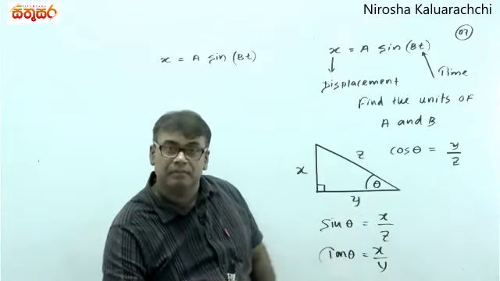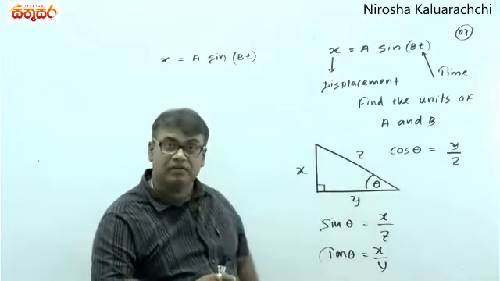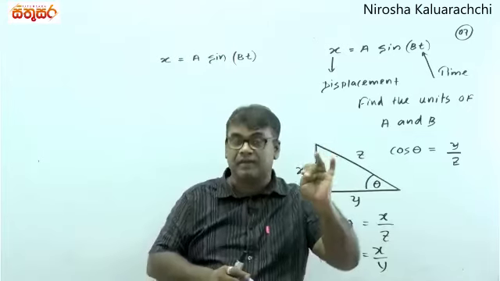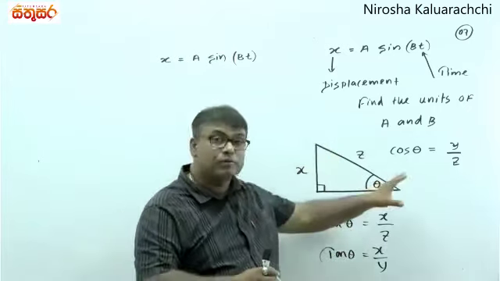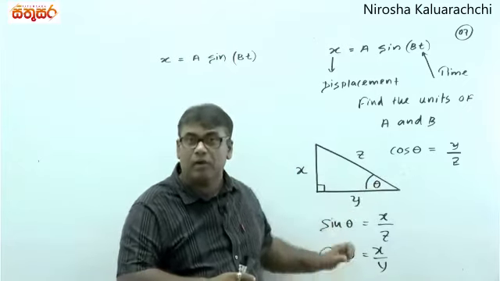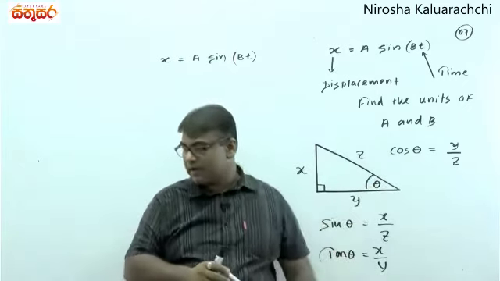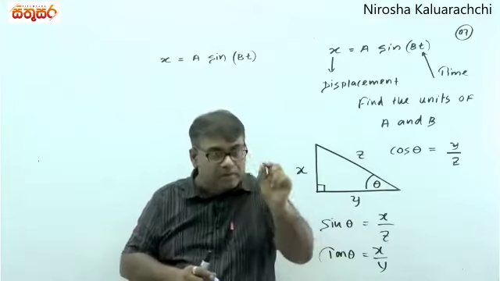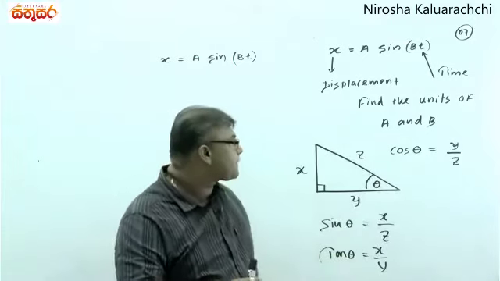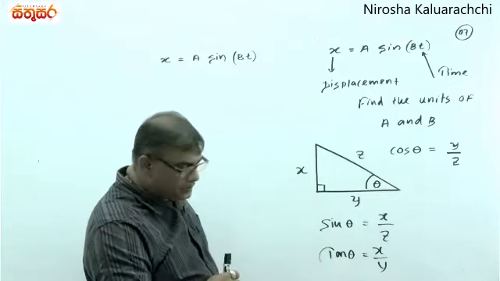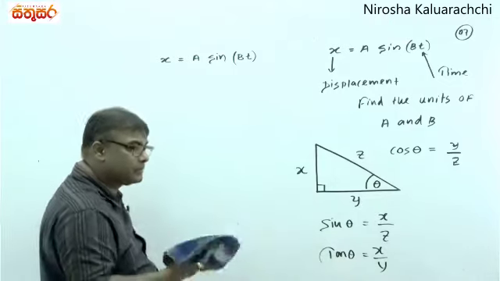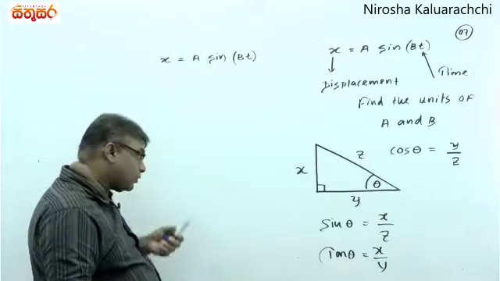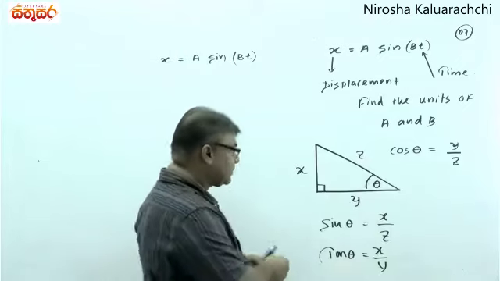So, what do you say? Trigonometry ratios, especially cos, sine, and tan, do not have units. Cos value, sine value, and tan value do not have units, right? It's a new point, right? Can we copy that one? Trigonometry ratios do not have units.